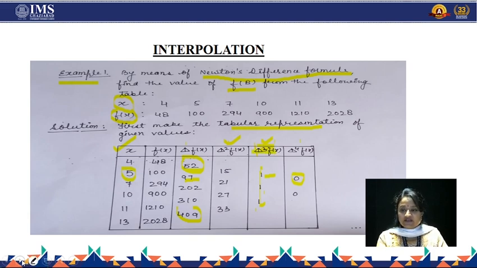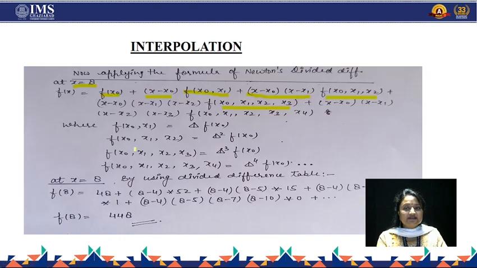Now it's our concluding part. We have all the values from the table, and we put them into the formula: 48 plus (8 minus 4) multiplied by 52, plus (8 minus 4)(8 minus 5) multiplied by 15, and so on. You can easily observe that the factors repeat: every term has 8 minus 4, then 8 minus 5, then 8 minus 7, and so on.